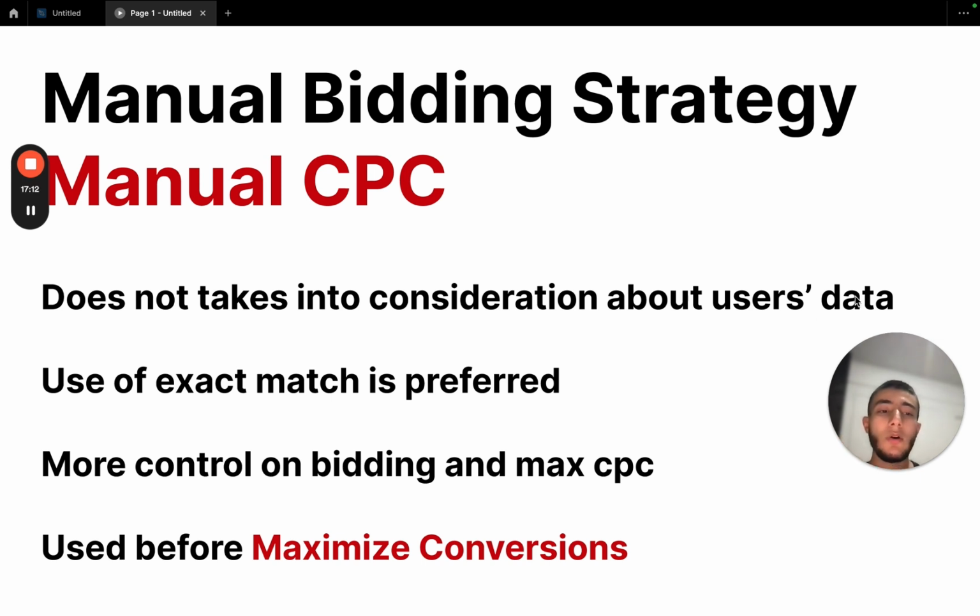So if you're just starting out your Google Ads campaign and you don't have conversion data, usually it's preferred to use manual CPC, and you're going to have more control over the amount of the click which you want to bid, the traffic which you want to target, and also you will give conversions to Google and make it learn faster.